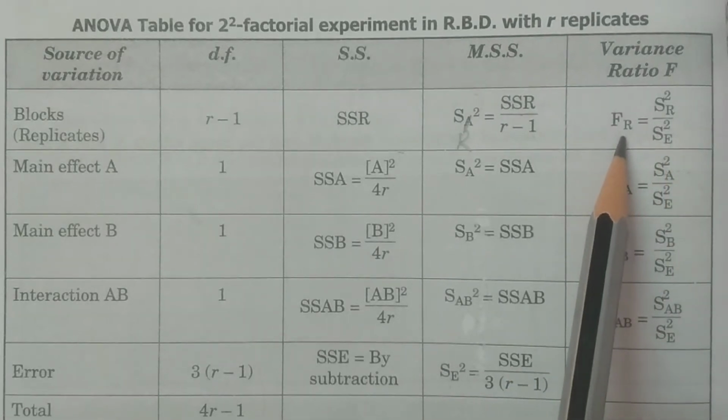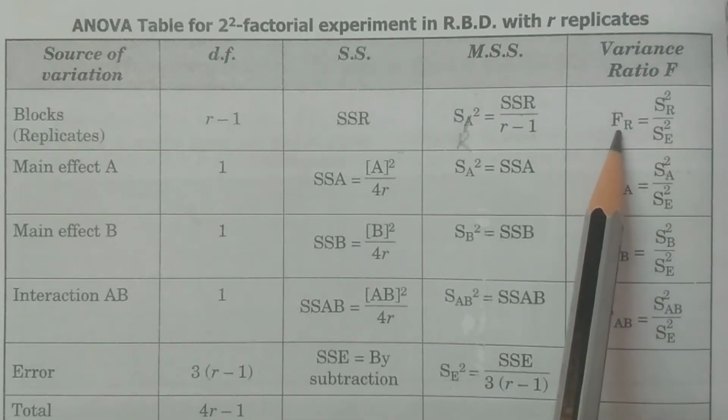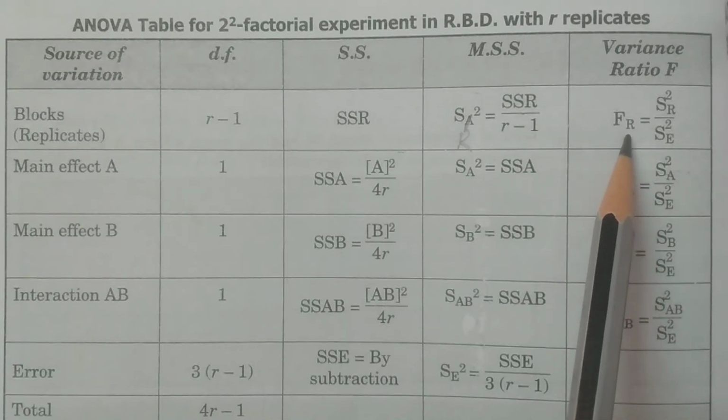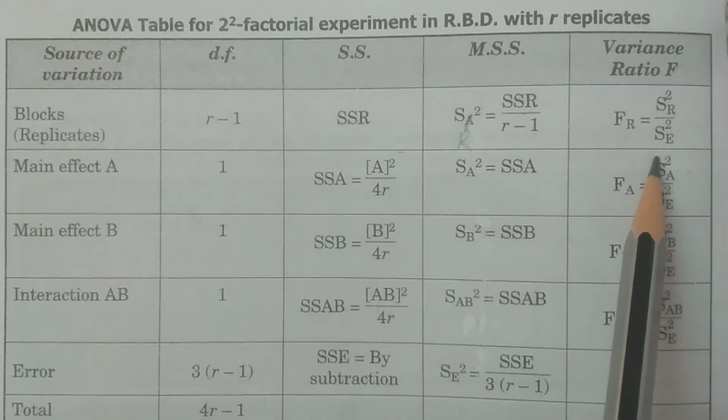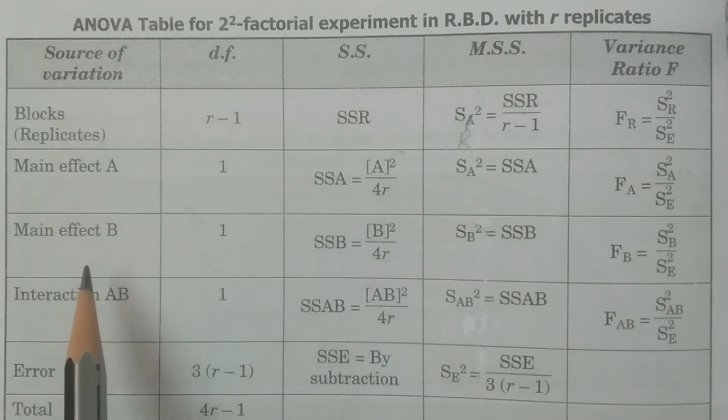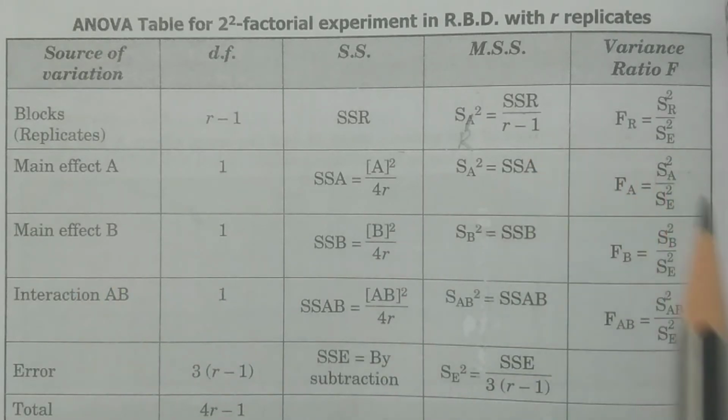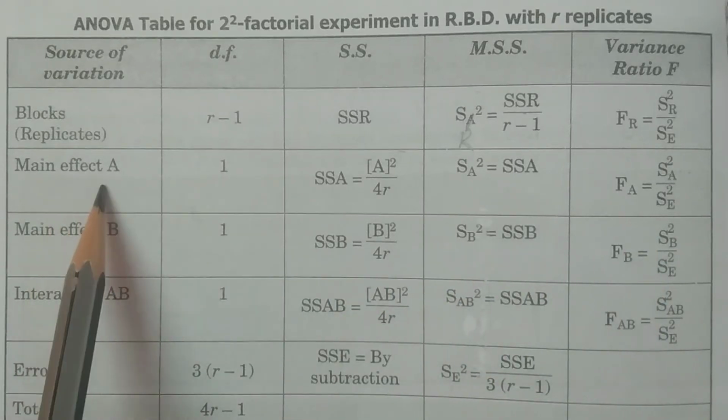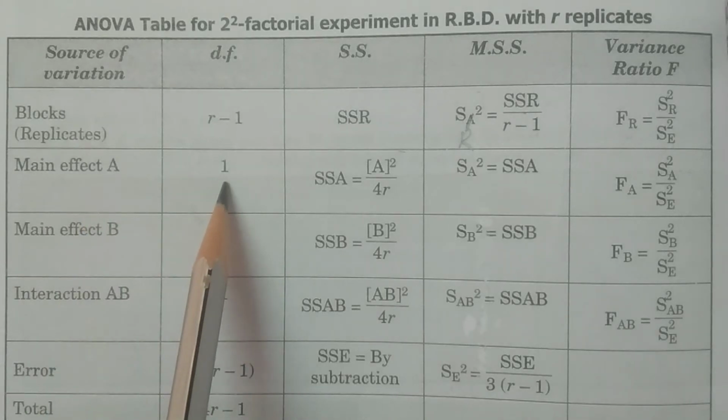FR is the F ratio for the blocks or replicates, equal to S square R by S square E, which follows R minus 1 and 3 into R minus 1 degrees of freedom respectively. I will tell you in the comparison and conclusion. Main effect A, main effect B and interaction effect AB each have 1 degree of freedom.